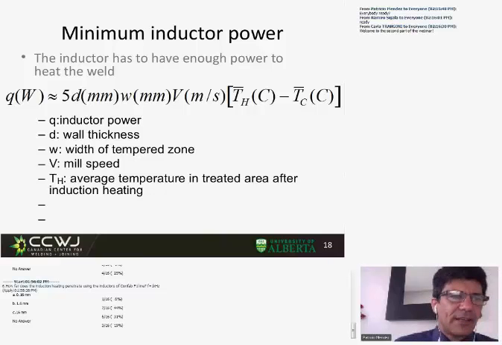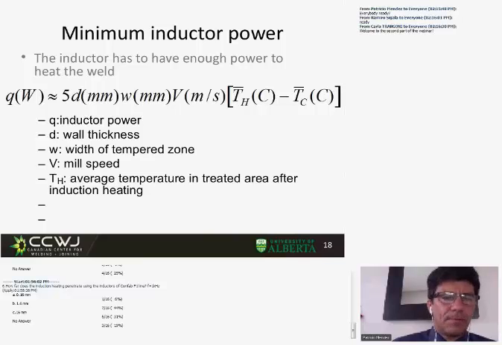Here it says that the heat we put in watts is a factor of 5 times the wall thickness, times the width of the temperate zone, times the mill speed, times TH minus TC, where TH is the average temperature in the treated area after induction heating, right?